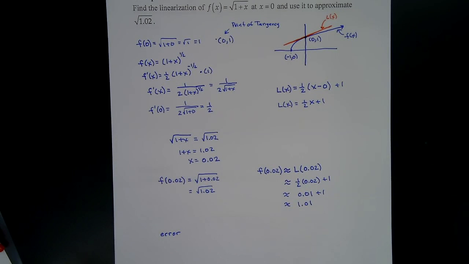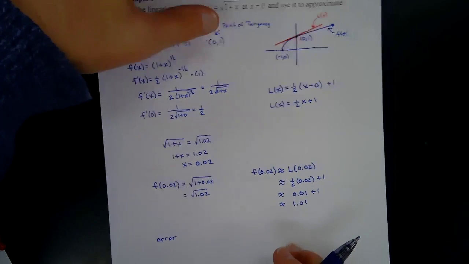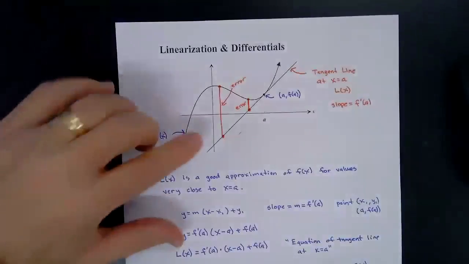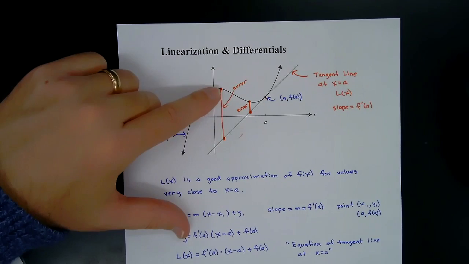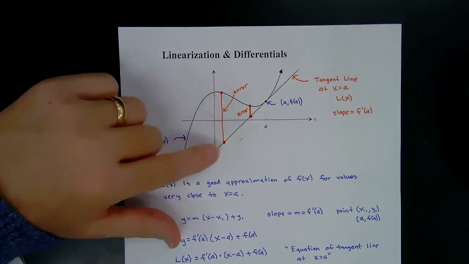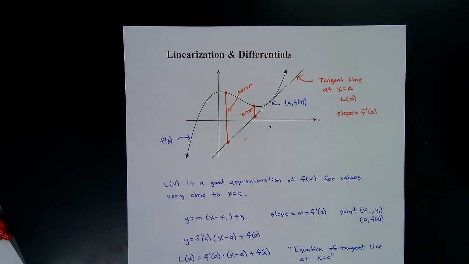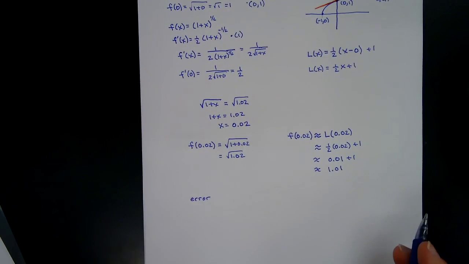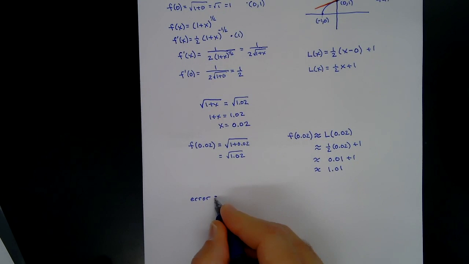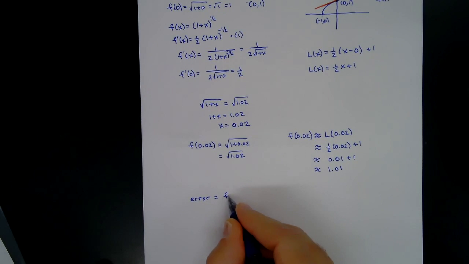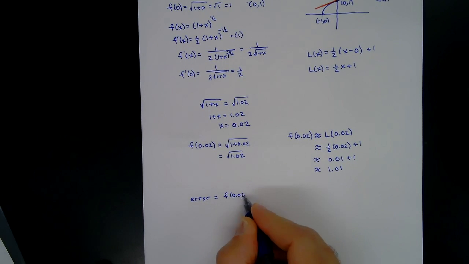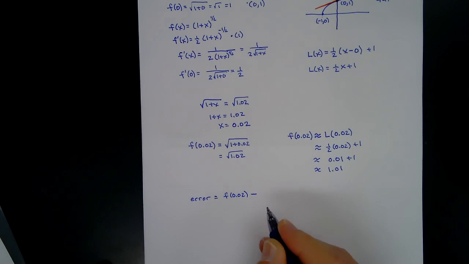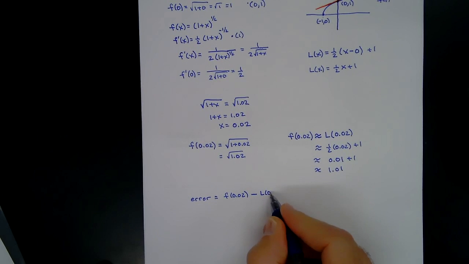And the error, let me go back to the first page really quick. The error was this right here, this vertical distance between the actual function value and the approximation. So to calculate this error, how far we're off from the actual value, we're gonna take f of 0.02, the actual value, and subtract L of 0.02.